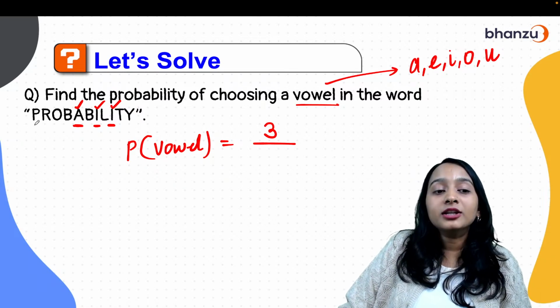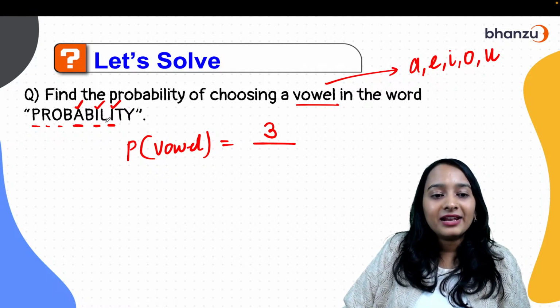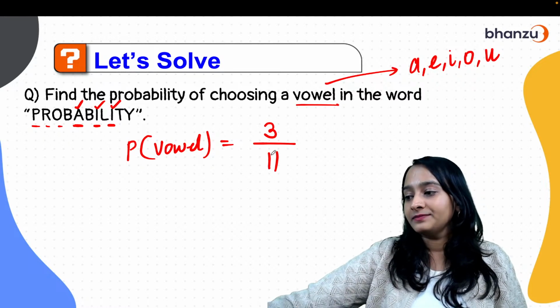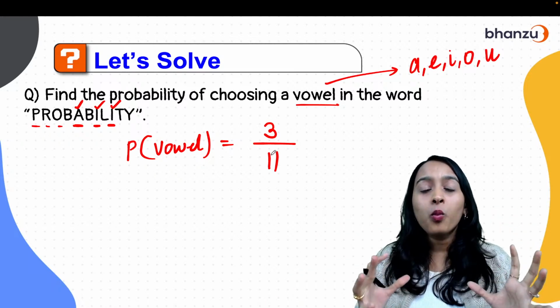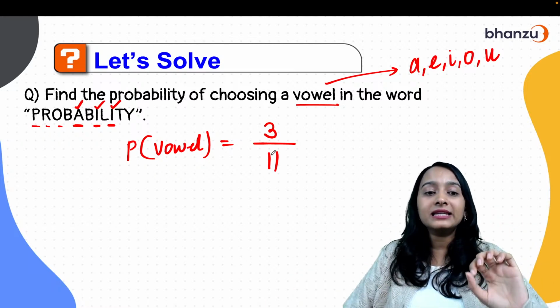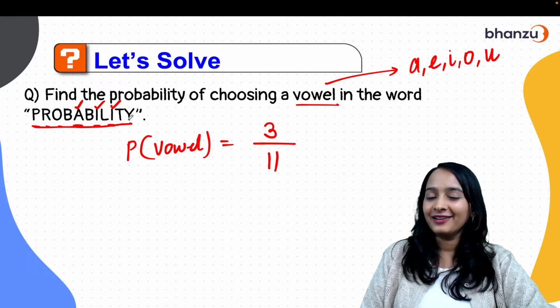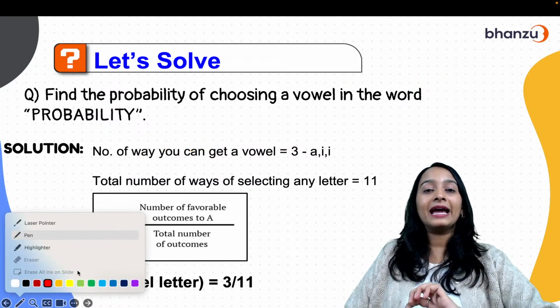And total number of outcomes. Matlab, what is the total number of letters that are there? 6, 7, 8, 9, 10, 11. So totally there are 11 letters in the word probability. So what is the probability that we would be choosing a vowel?